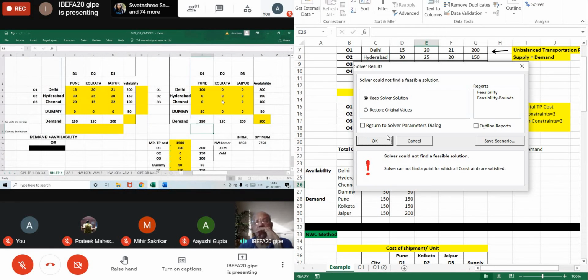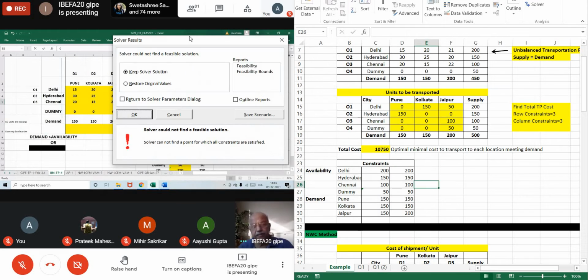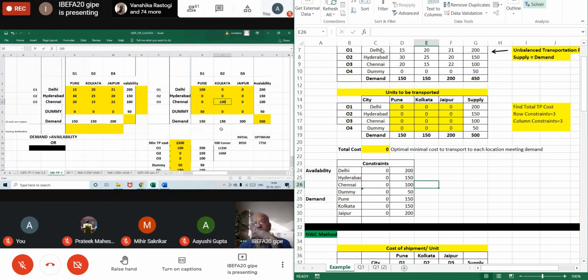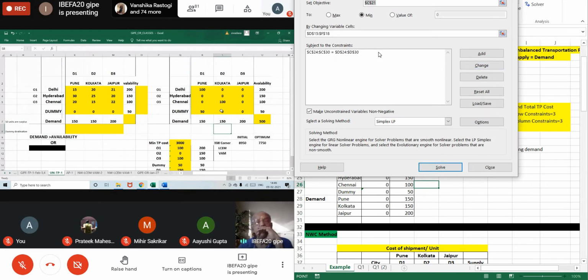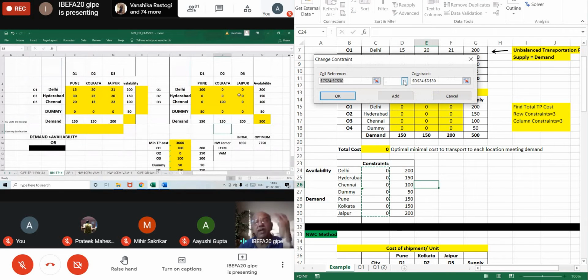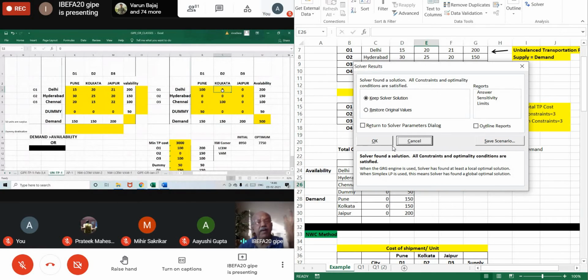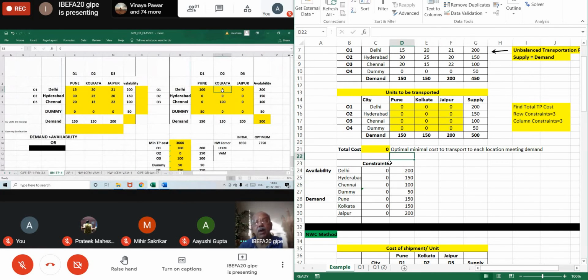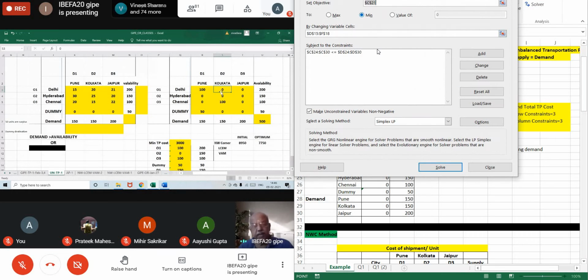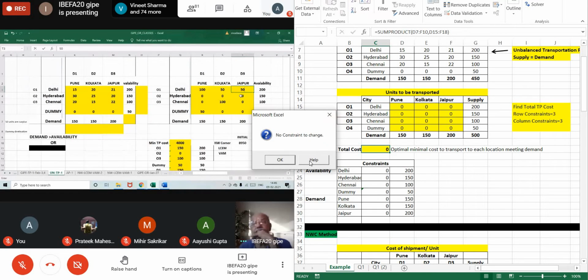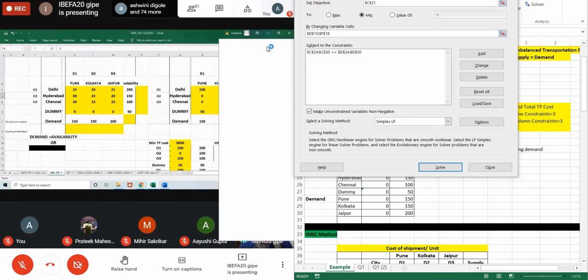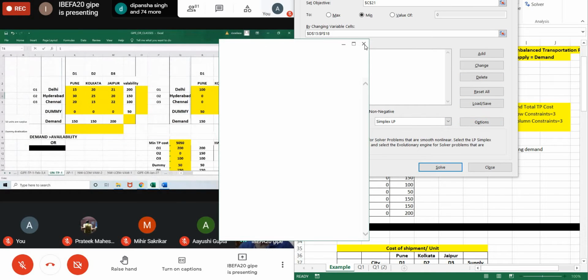Now the minimum is 15, that is Chennai to Kolkata, and 100. And the next minimum is 20, 20. Any 20 you can take. I have taken this 20, of which 100 will be given. Another 50, obviously 50 here, and we have 150.